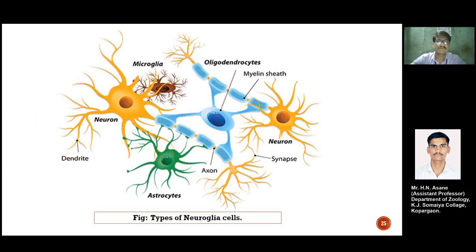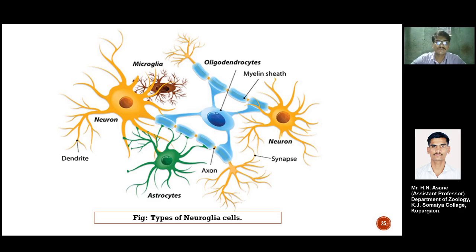Okay, so as you can see in this picture, the microglia are in brick, chocolate color, besides these yellow neurons. As well, you can see these oligodendrocytes, which are providing nourishment as well as support to the myelin sheath.